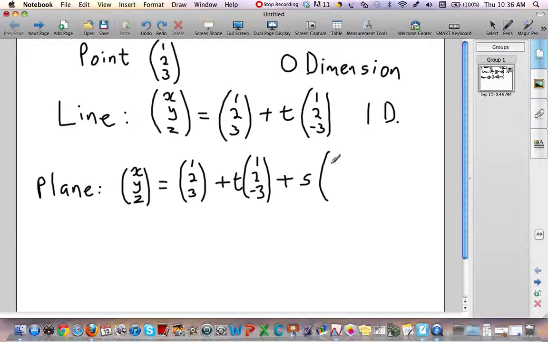And so in this particular case I'm going to use a direction vector of 5, minus 1, minus 1. This is a vector representation of an equation of a plane.